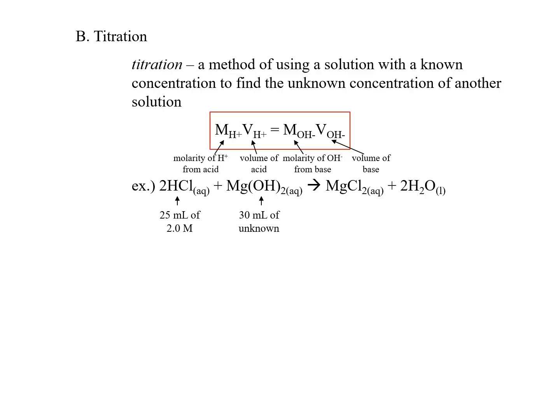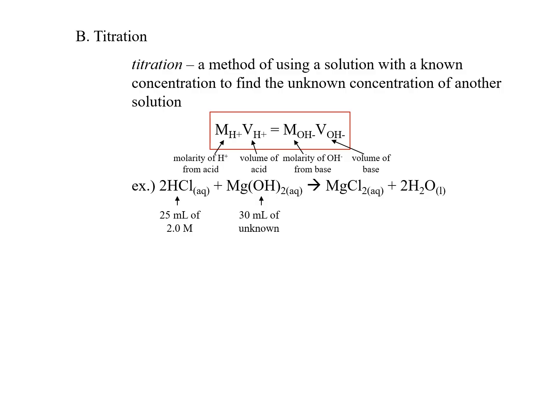So if I have 25 milliliters of a 2 molar solution of HCl, and I react it with 30 milliliters of an unknown concentration of MgOH2, I get to a pH of 7. Now, if I do that, that means that I should know what the molarity of H positives is. I should know what the volume of the H positives is, because that's my acid side.